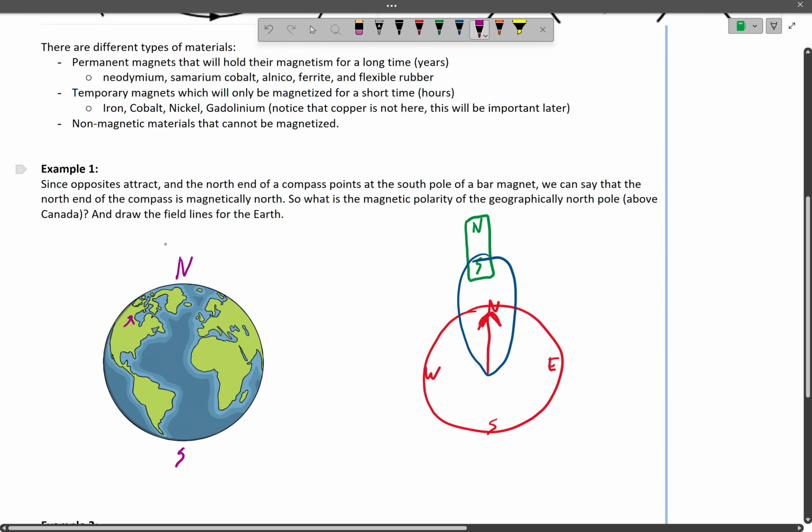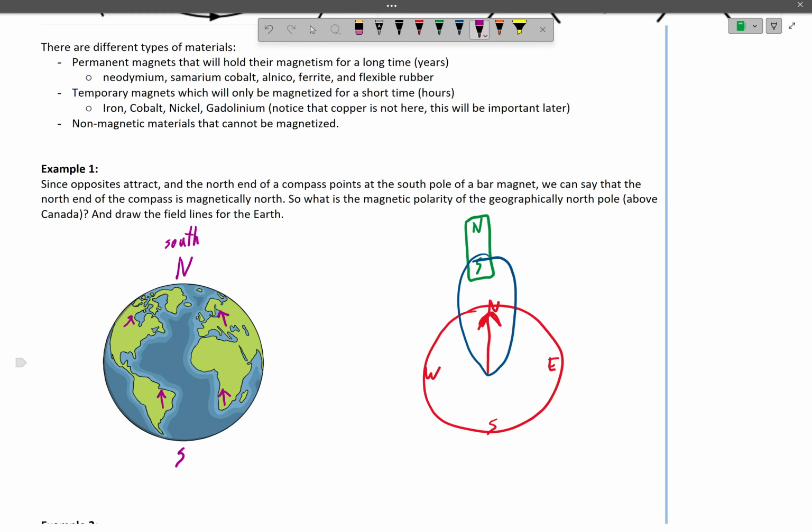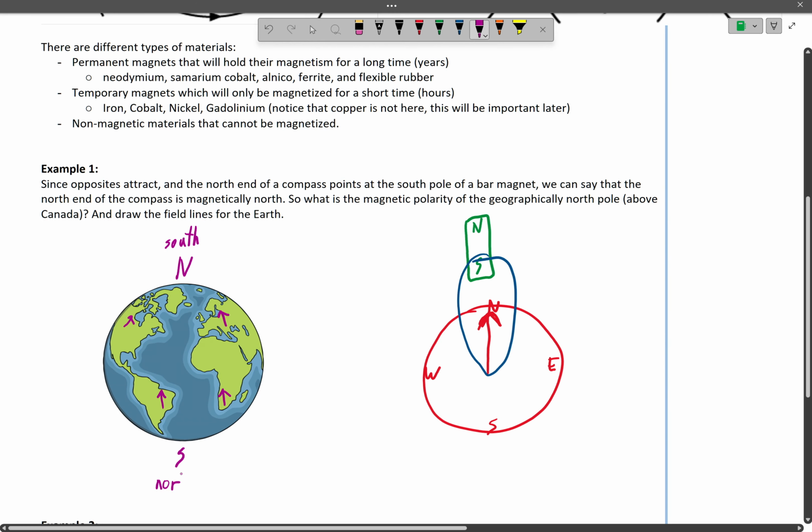The North Pole is up there, but it's actually south magnetically. Because again, if you're in Europe, it points north. If you're in South Africa or in Brazil, it always points towards the north. So the magnetic field lines are always pointing towards the north, which means it's actually south magnetically. And that also means that the South Pole is north magnetically.